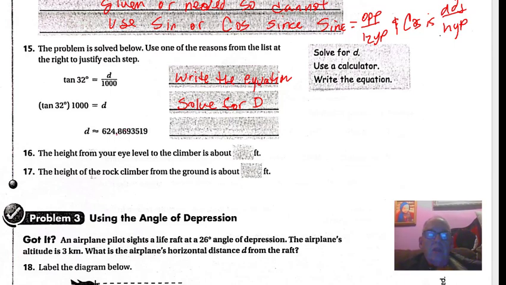So the decimal of tan 32 is 0.624869. We're multiplying by 1,000. Decimal moves over, so it's 624.86 or 624.9. And we use the calculator.